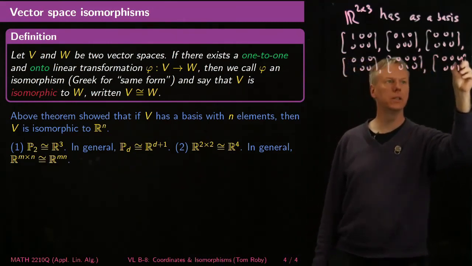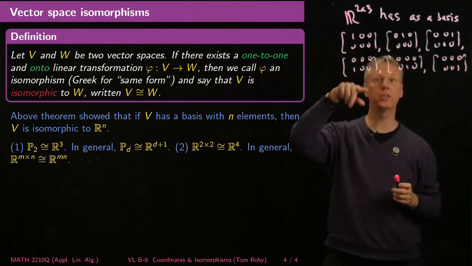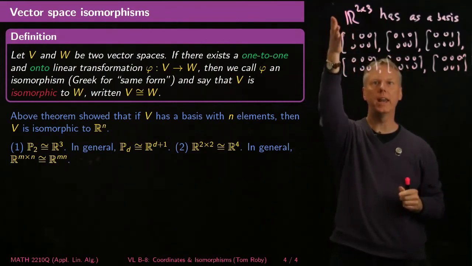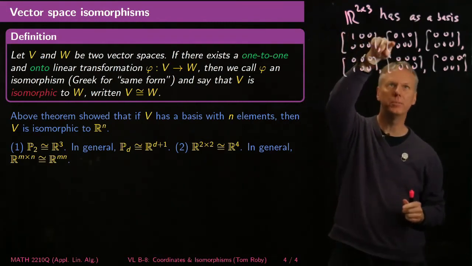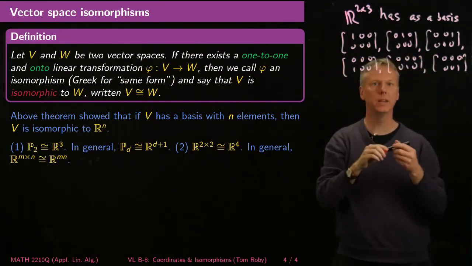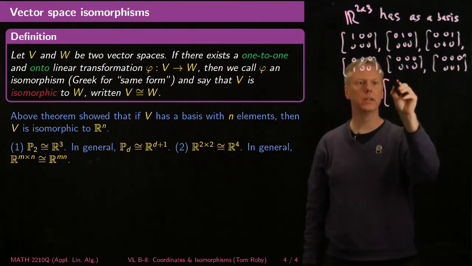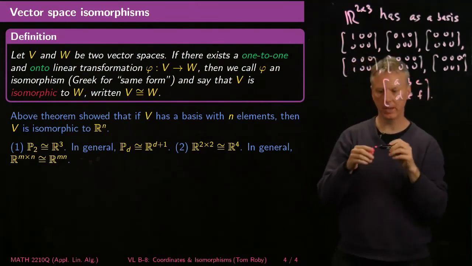So those six vectors in the vector space R^(2×3) are such that if I want to get any 2 by 3 matrix, I just say if I want an A here, I have A times this, plus B times this, plus C times this, plus D times this, plus E times this, plus F times this, gives me the matrix A, B, C, D, E, F.